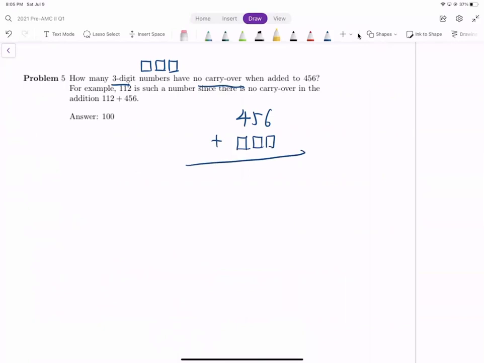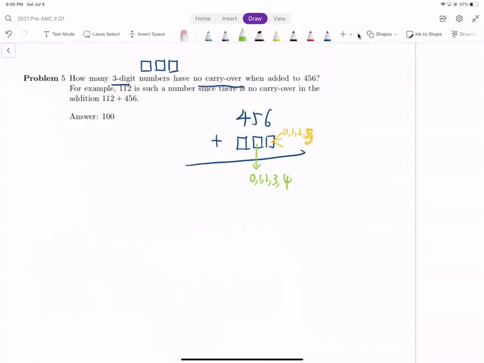If there's no carryover, then for this digit, the choices will be 0, 1, 2, 3, and 4, right? And for this one the choices will be 0, 1, 2, 3. Oh, this is 5, so it cannot be 4. You can only go up to 3.